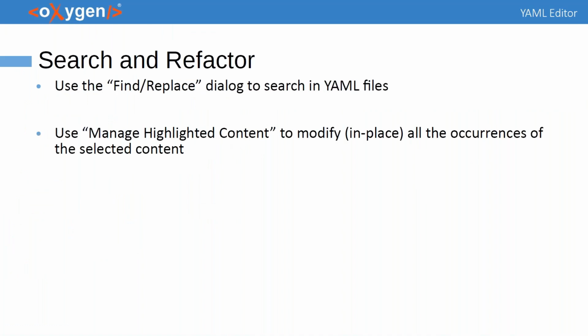We provide also support to search and refactor YAML documents, and you can use for this the find replace dialog and also the manage highlighted content that allows you to modify in place the matches.